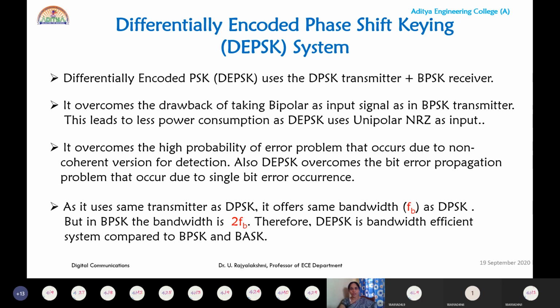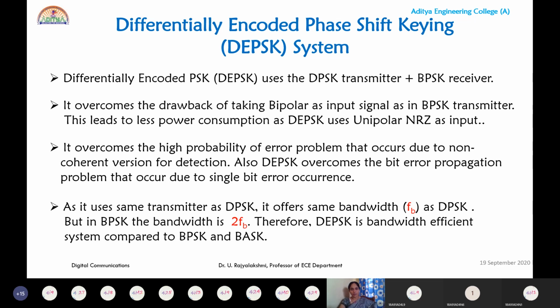So what is the advantage of this differential encoder? Simultaneously, you can transmit 2 data bits. Then what happens to our bandwidth? You can reduce it to FB. So you can generate the DPSK signal with less bandwidth because it uses a differential encoder, which compares the present data with the past differential encoded data.